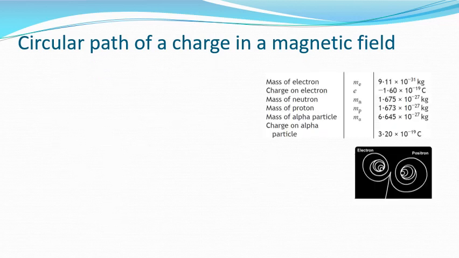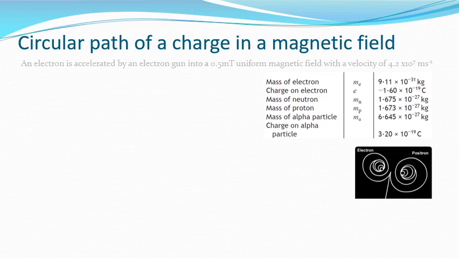Okay, so let's look at a bit more information. What happens if we changed it to something else? So we've got some different values of other nuclear materials. So we've got a neutron which would have no effect in a magnetic field because it's got no charge, but we've got an alpha particle and a proton that we could be looking at.